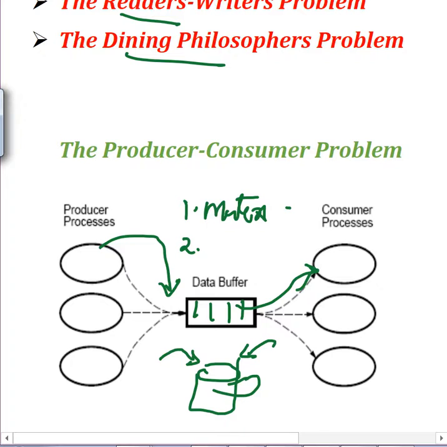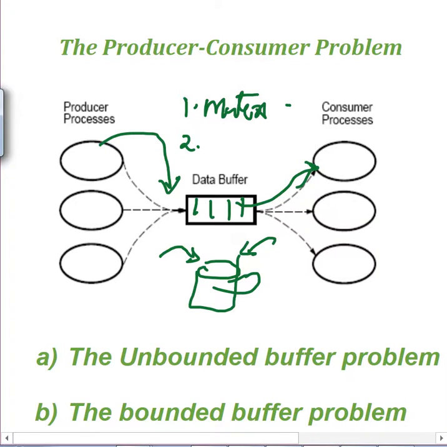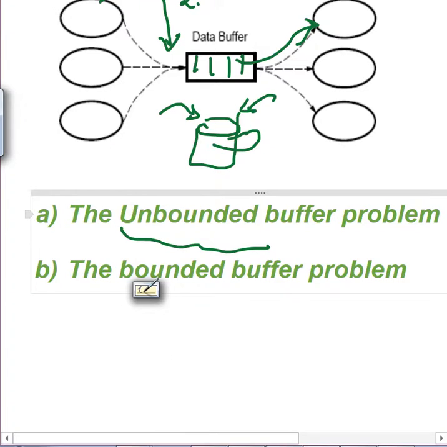So these are the three things which we need to take care of, and we can do all the three using the semaphores. Okay, but our buffer here can be either the unbounded buffer. Sometimes we have a large memory and we don't care about memory. The buffer is huge, or our input rate is not so high.